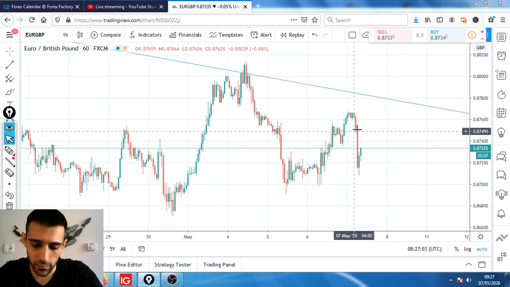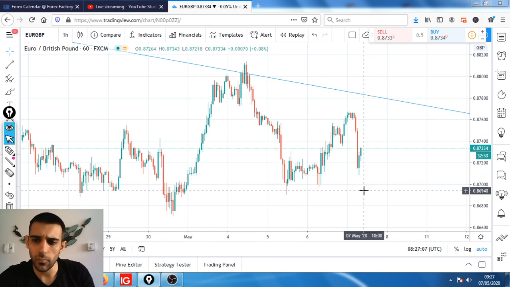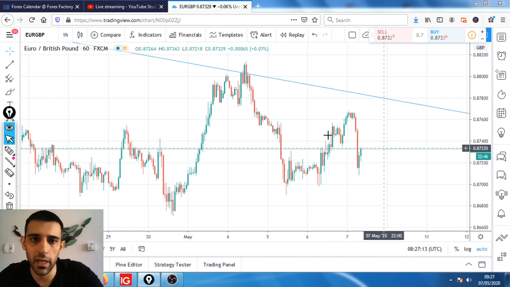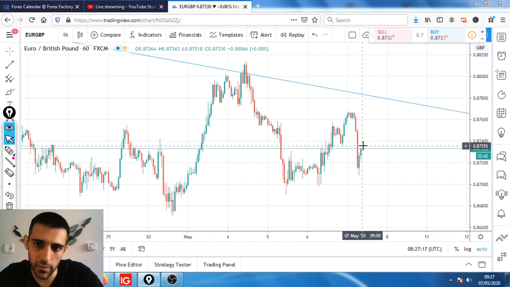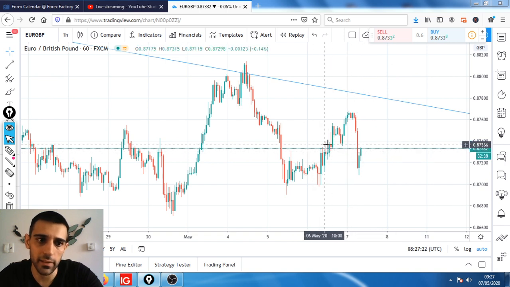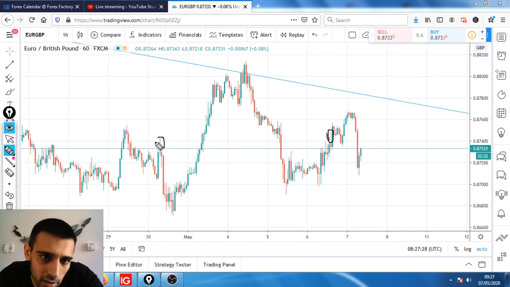So let's wait for this 1 hour candle to close. The entry is at 87.35 only after this 1 hour candle is closed, and it has to leave tails. Then we can justify taking the trade. By the tail, I mean this. If you don't know what a tail is, this is a tail, and this one is a tail.